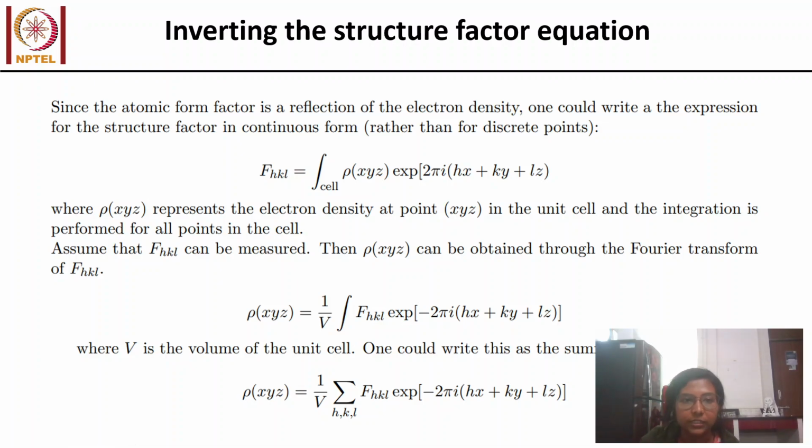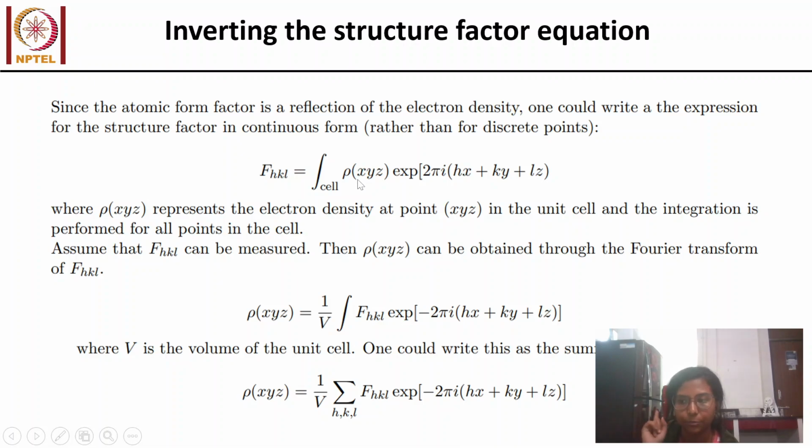Since the atomic form factor is nothing but the electron density of the atom, we can write the expression for the structure factor in continuous form also. Here, the structure factor is the integration over the electron density.